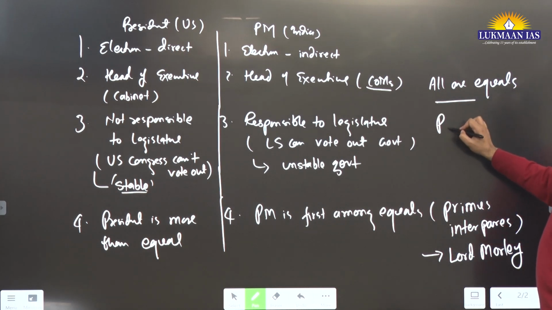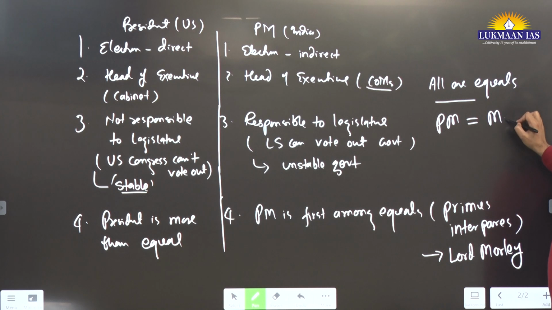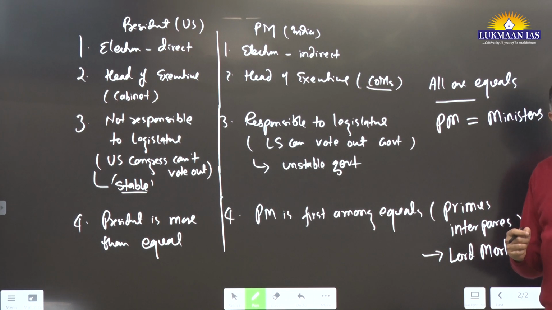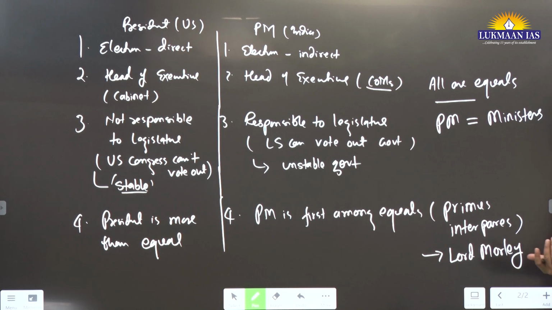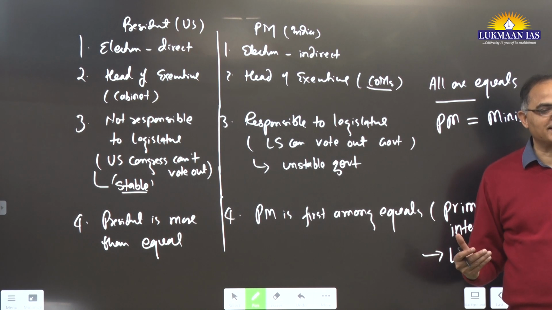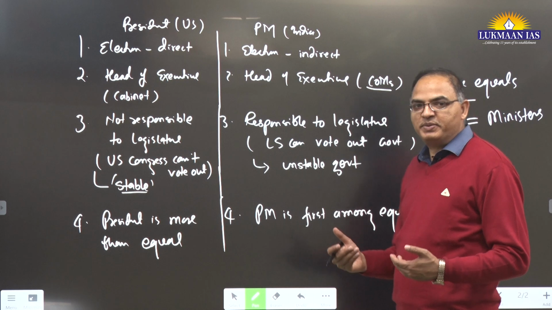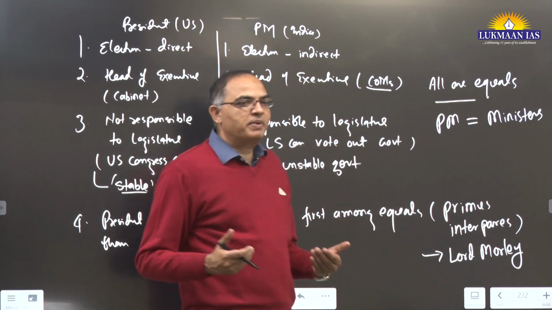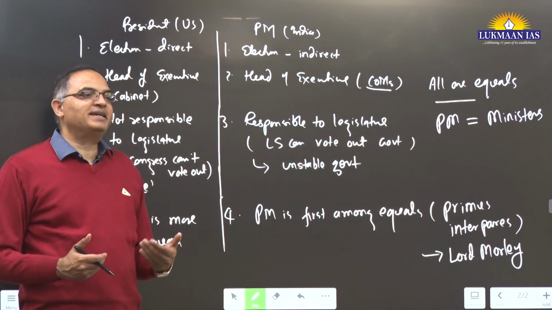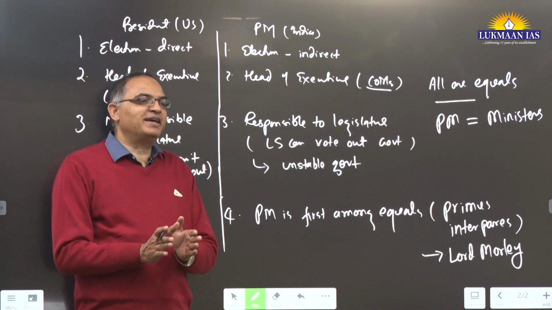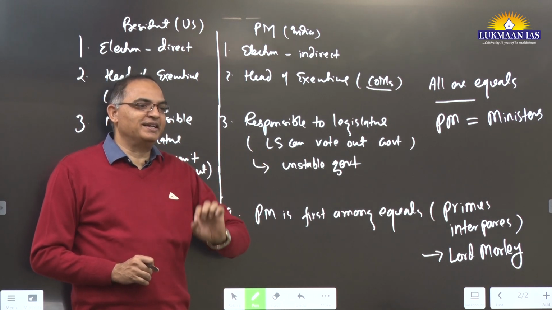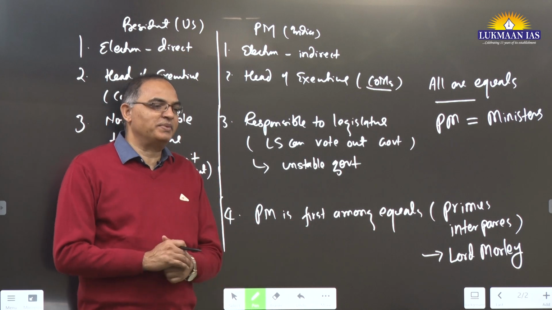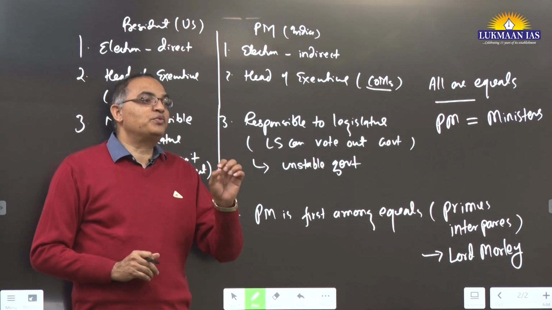The PM is even considered equal to ministers. The status of PM legally is also equal to ministers. Prime minister is also a minister of cabinet rank, just as the Finance minister is also a minister of cabinet rank. Legally, the prime minister's status is equal to a cabinet rank minister. This is called first among equals.